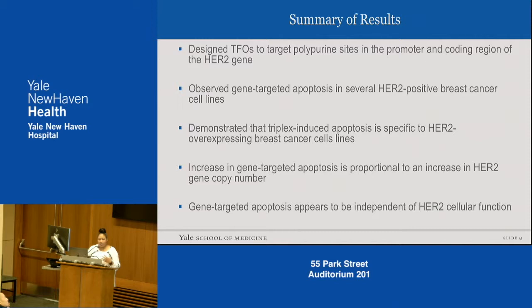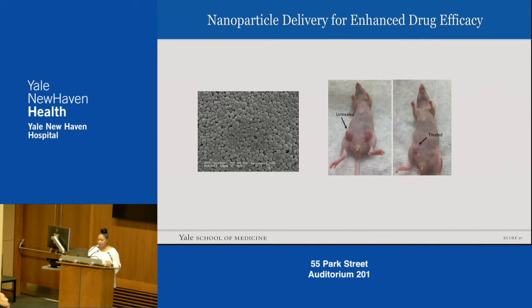And so our mechanism of action is independent of HER2 protein function, but dependent on that DNA damage response. And just to quickly tell you what we're working on right now, we know that drug delivery will be very important for improving drug efficacy.